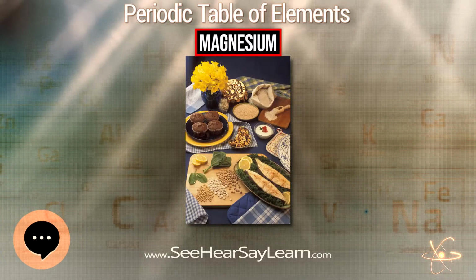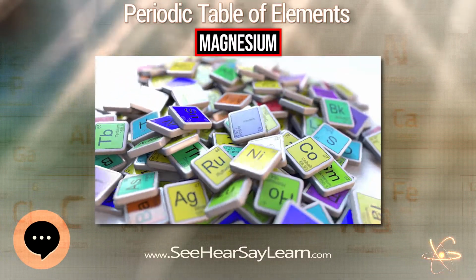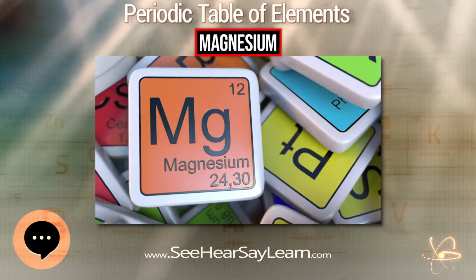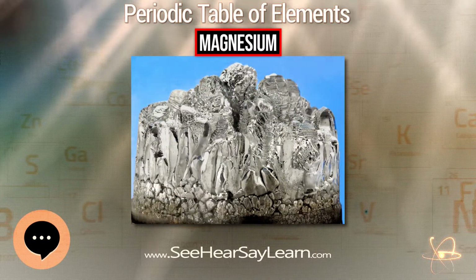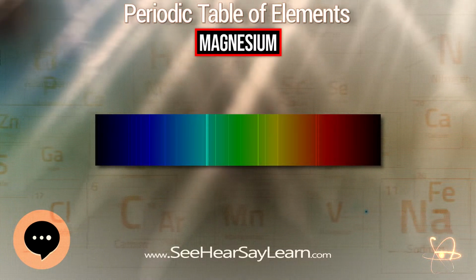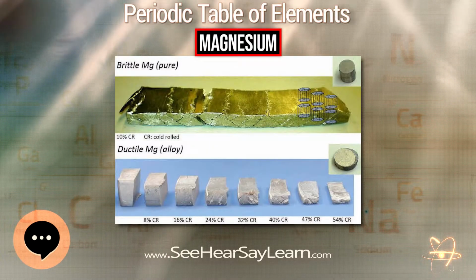Most are asymptomatic, but symptoms referable to neuromuscular, cardiovascular, and metabolic dysfunction may occur. Alcoholism is often associated with magnesium deficiency. Chronically low serum magnesium levels are associated with metabolic syndrome, diabetes mellitus type 2, fasciculation, and hypertension.